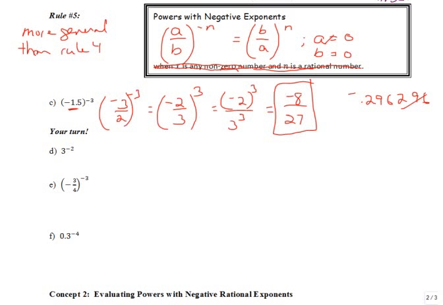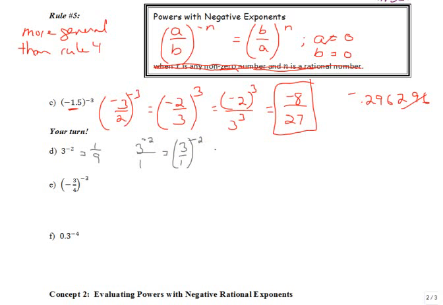Okay, I will quickly write out the answers for these. And if you get them right, you can skip ahead. So this is 1 over 9. Oh, don't skip ahead yet. I want to show you how this works using this rule. If I think of this as 3 to the -2 over 1, I can think of that as (3 over 1) to the -2, because 1 to the anything is 1, so that's okay.